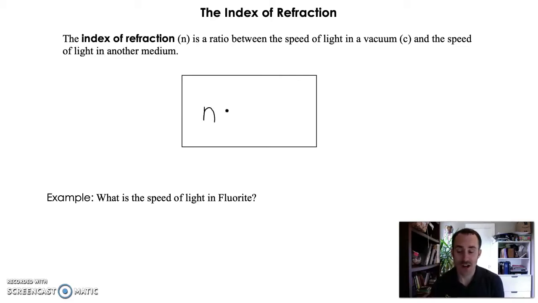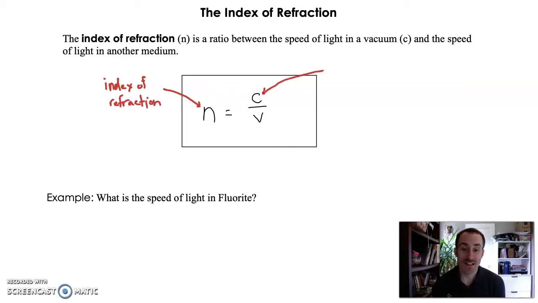That's the index of refraction. It's equal to c over v. None of those letters are completely obvious as to what they are. Well, maybe the v for velocity or speed, but this n here is the index of refraction. c is the speed of light, and specifically c because it's a constant.